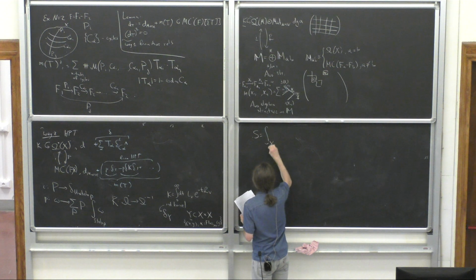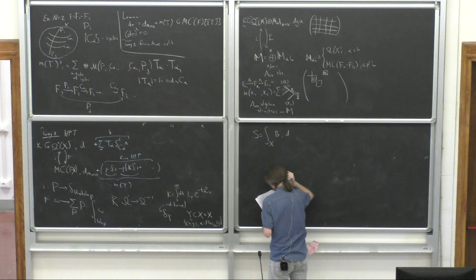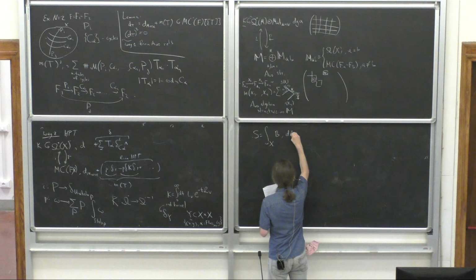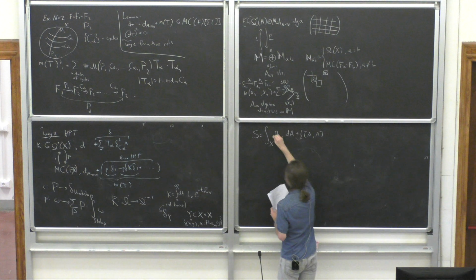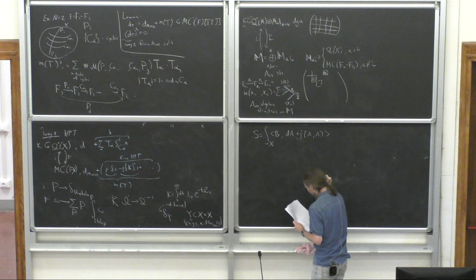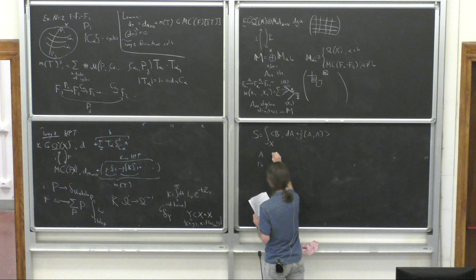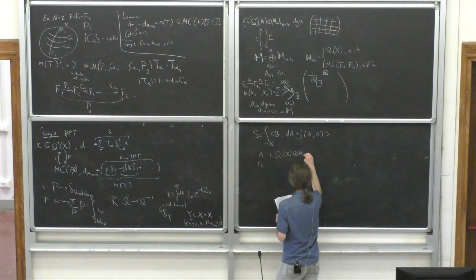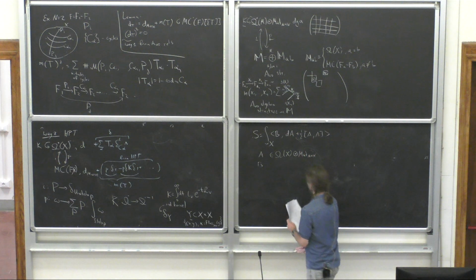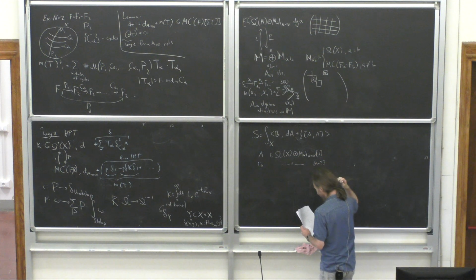So your action is the integral over X of B dA plus half A bracket A. So the fields are non-homogeneous differential forms with coefficients in matrices. So A and B are both in differential forms on X, tensored with matrices, and similarly for B, with appropriate shifts, by 1 and by n minus 2. So n is the dimension of the manifold.